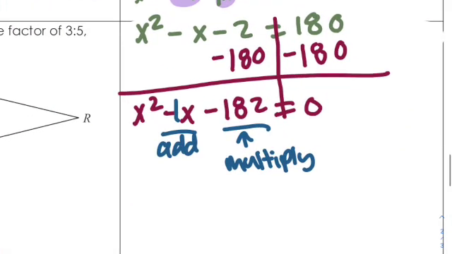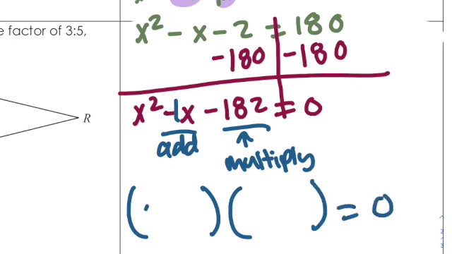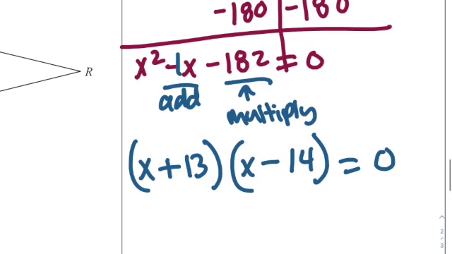So then we have our two sets of parentheses equal to 0. We want to put an x in each of them because x times x will give us our x squared. And then we know we're going to use 13 and 14. The 13 has to be positive and the 14 has to be negative. Okay? And then we got to do step 3, which is set each factor equals 0 and solve for x.